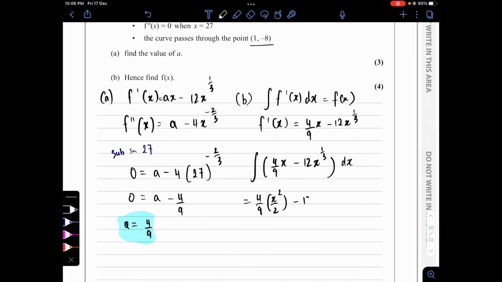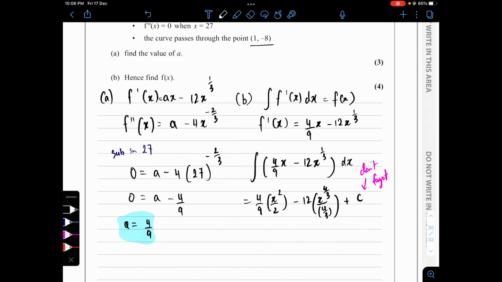And then minus the 12 stays as it is. Then we add 1, so it becomes x to the power 4 over 3, and we're dividing by 4 over 3. And don't forget the plus c. Very important. Don't forget to add the plus c.